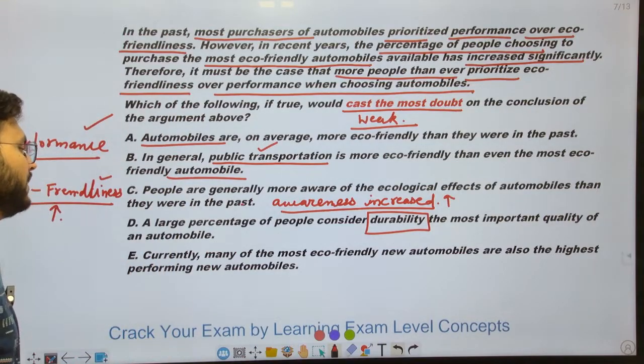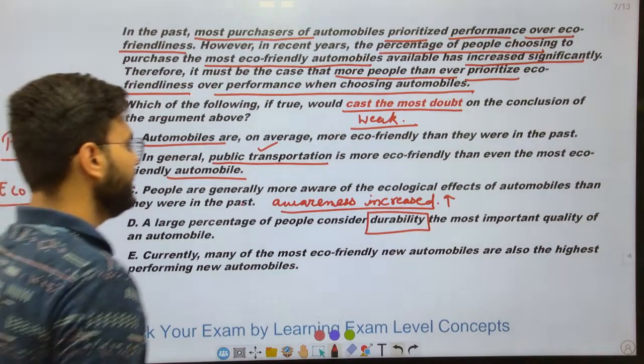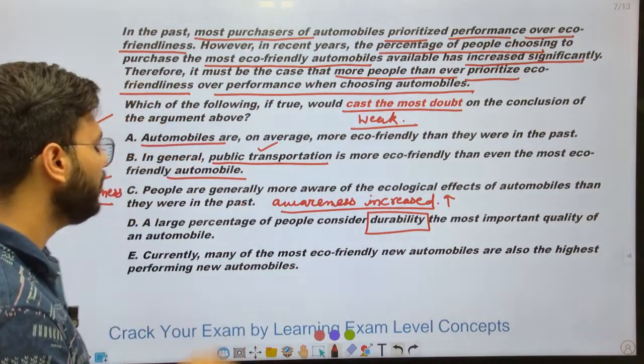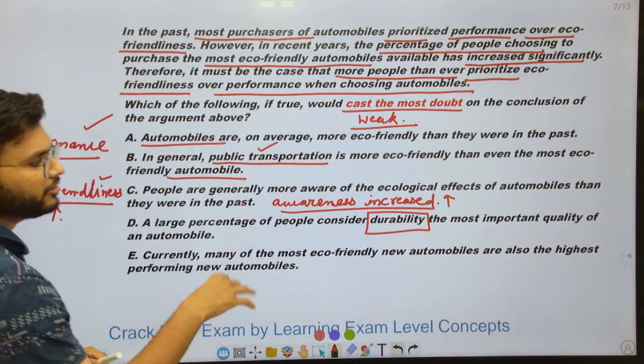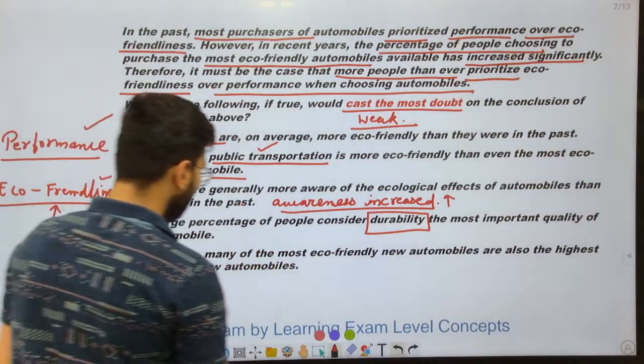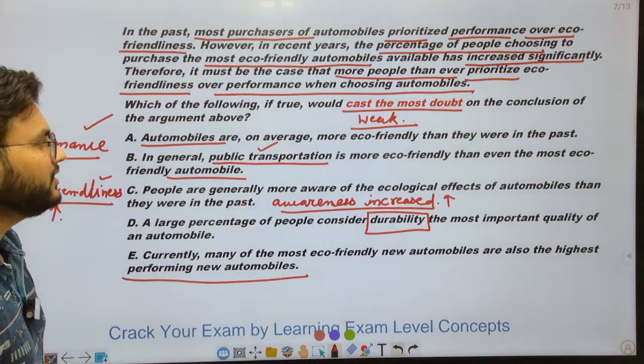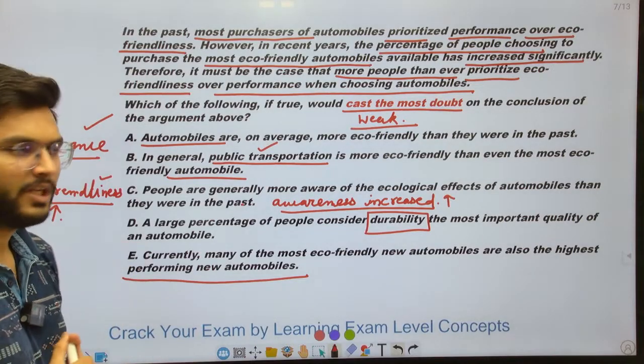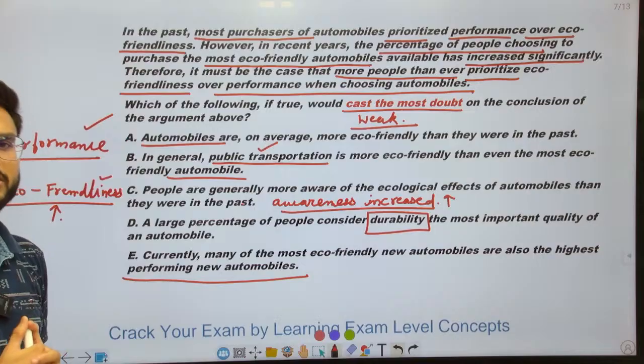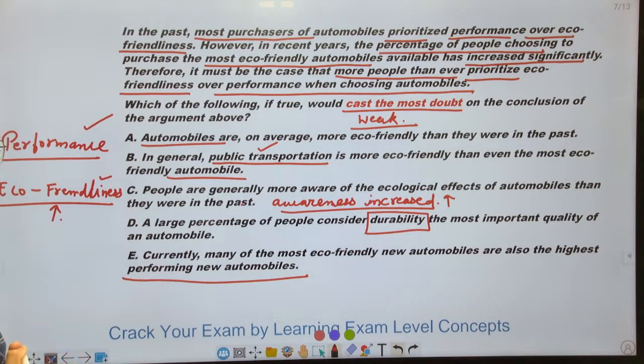Option E. Currently, many of the most eco-friendly new automobiles are also the highest performing new automobiles. Now look at this option. We have seen a change in prioritization of what? Prioritization of performance over eco-friendliness.